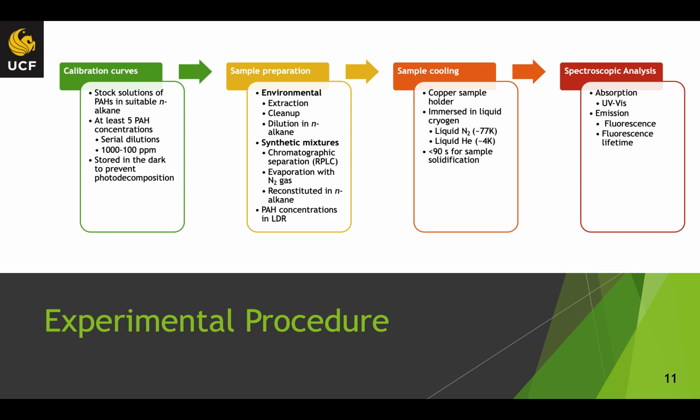And as mentioned, it is important that this happens rapidly, a rapid freezing rate, and both of these methods provide sample solidification in less than 90 seconds. And then after the sample is frozen, it would be placed into the sample compartment of your analytical instrument of choice, whether you wish to measure absorption, UV-vis, emission, fluorescence, or even fluorescence lifetimes.